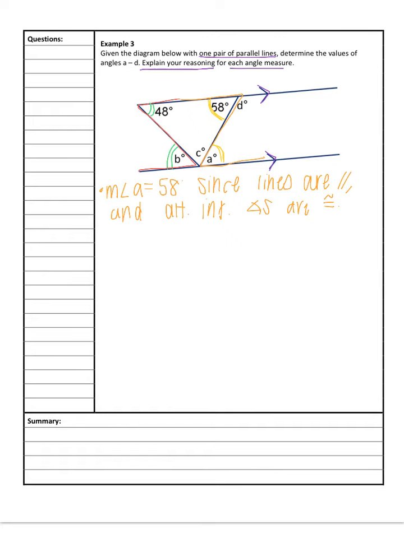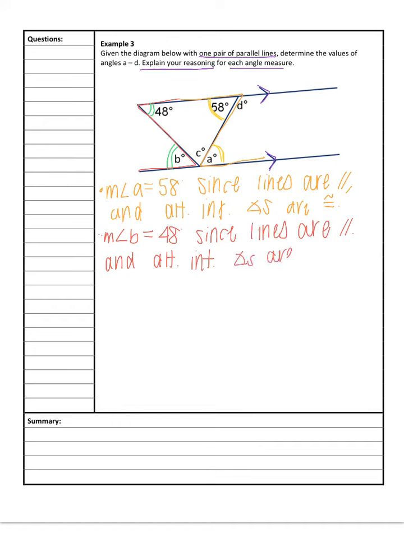So, see, I'll write in red, probably easier to see. The measure of angle B equals 48 degrees since lines are parallel and alternate interior angles are congruent.